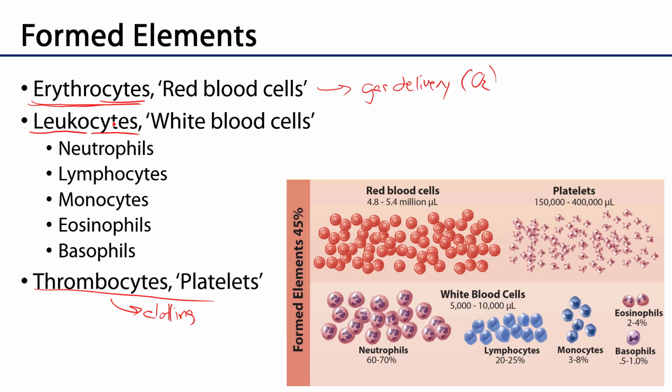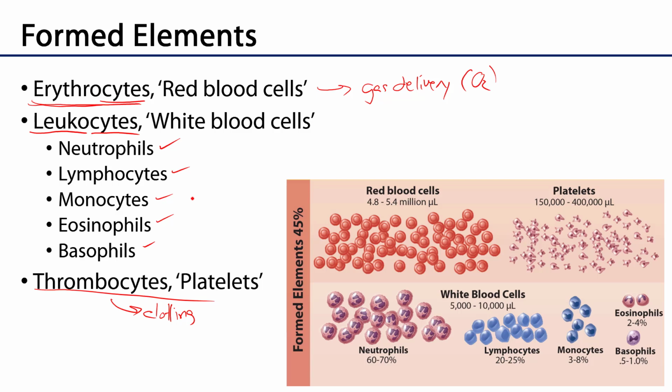And typically, overall, a complete white blood cell count is between 5,000 to 10,000 leukocytes per microliter, although these aren't uniformly distributed amongst subtypes. So, for instance, the most abundant leukocyte are the neutrophils, followed by the lymphocytes, followed by monocytes, followed by eosinophils, and then the least abundant are basophils.